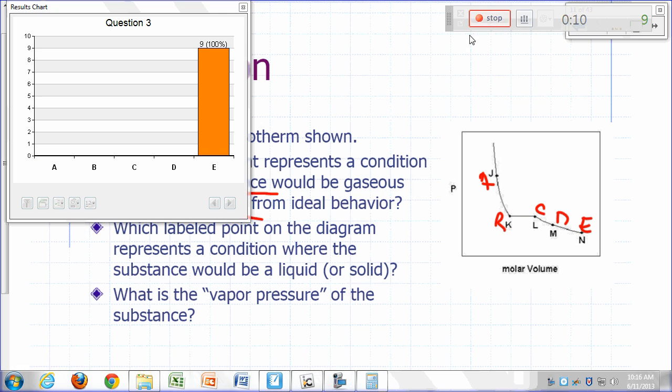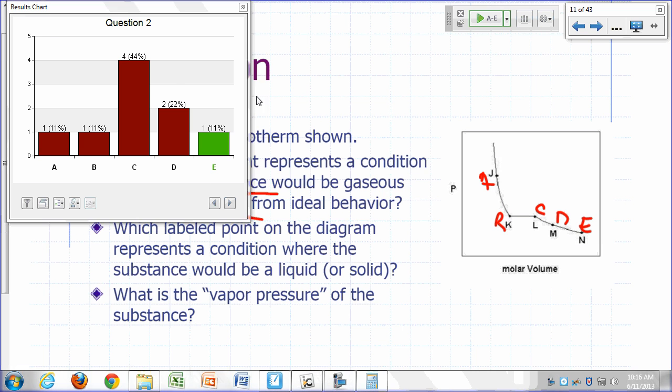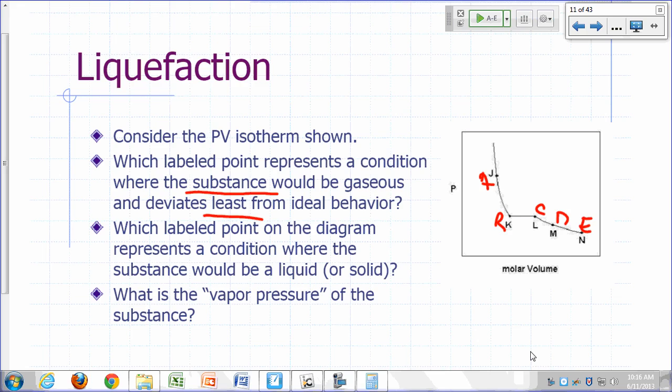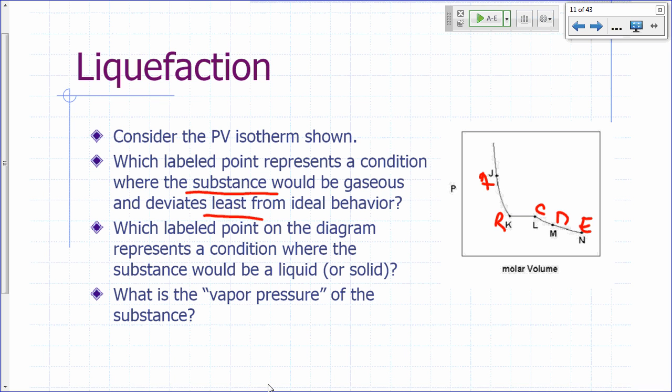Okay, very good. Low pressure. So at point E, way over here, it's going to be ideal, right?